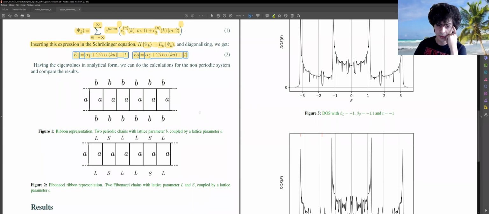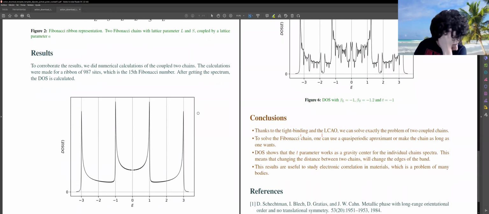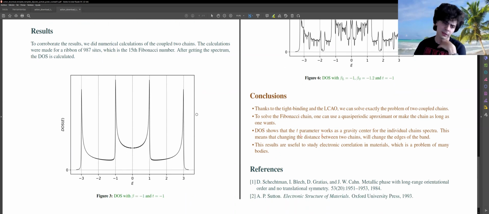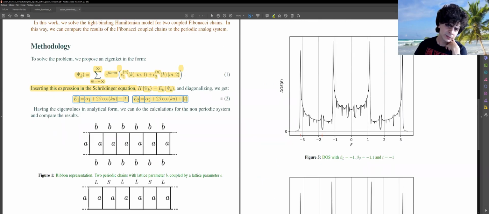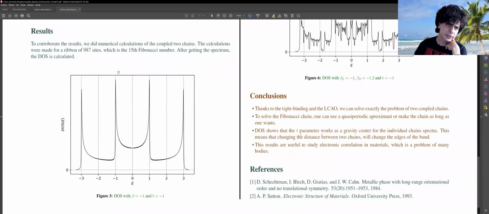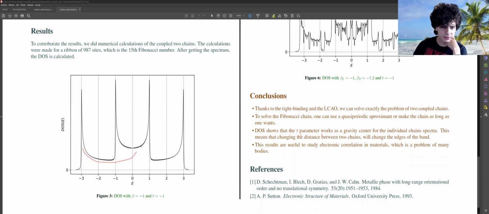So, here are the results. We did this calculation numerically in order to compare the analytical results with the numerical ones. For example, with T equal to -1 and β equal to -1, this is the periodic case.